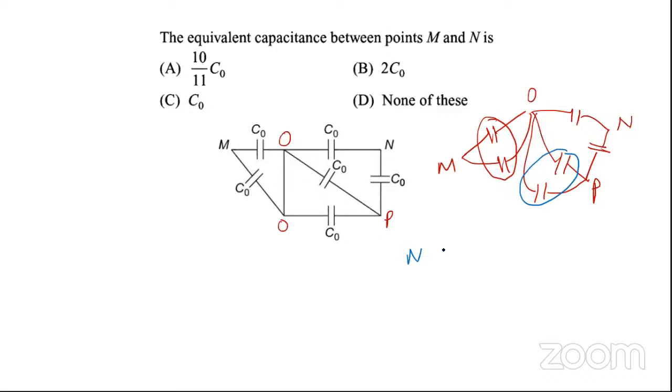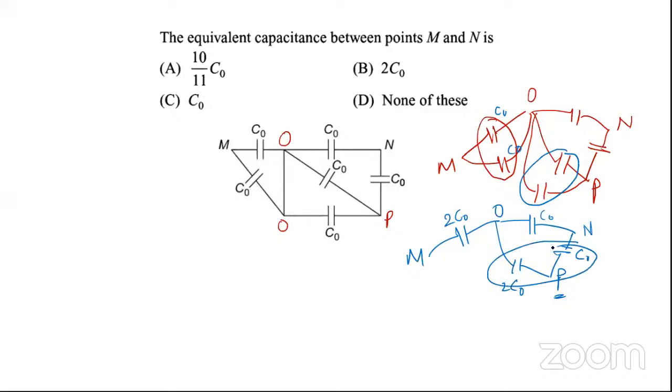So we can simply write this. This is C naught and C naught, all of them are C naught. So this will become 2 C naught, and the one with P will become 2 C naught. Alright, now we have to find between M and N. So we can ignore the P over here.